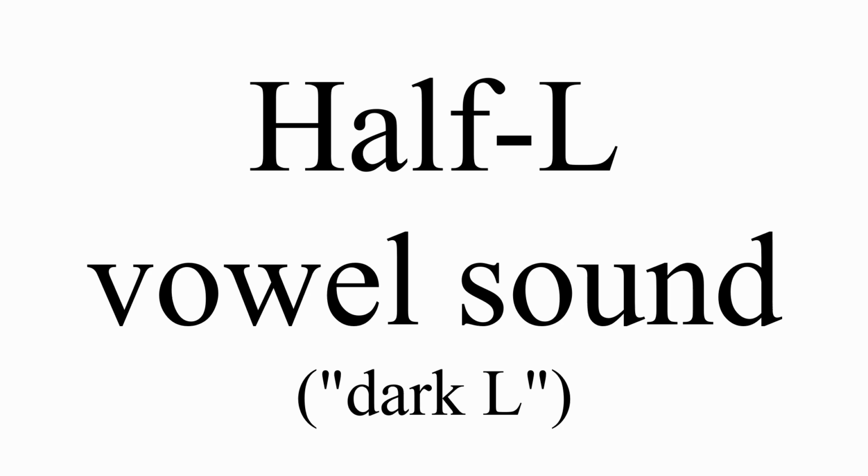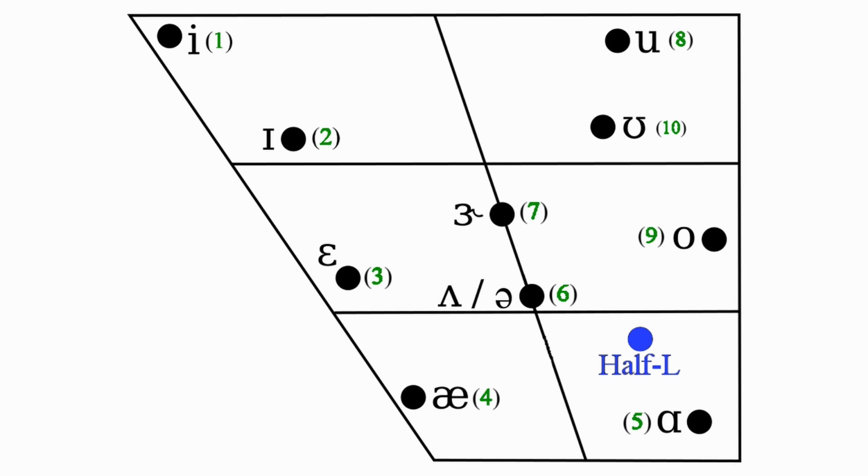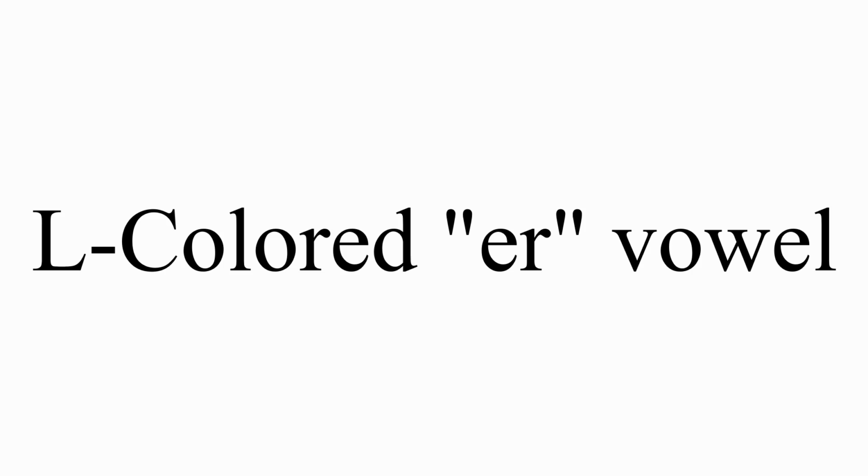Now this L sound, you could pronounce it as a full L consonant or a light L, and that would be world. But that actually makes it a little more difficult, at least from the perspective of a native. What we do here is a half L vowel sound, which you can see on my vowel chart here. So this is actually an L-colored vowel. Earl.